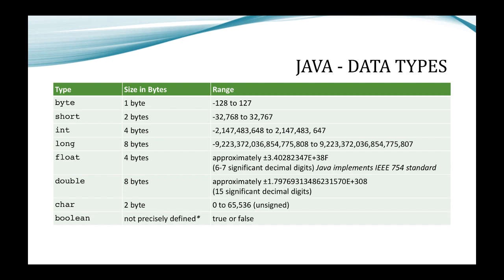So as you can see from the range, you can store a large number of up to 2 billion something in an integer data type. Of course, there are many other data types like byte, short, long, and so on, but primarily we're going to be concerned with integer.